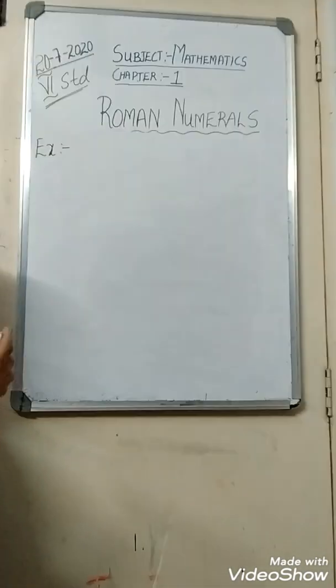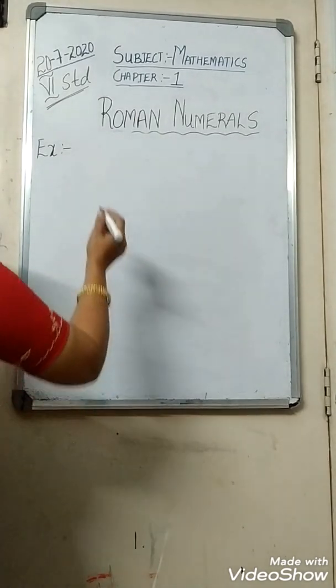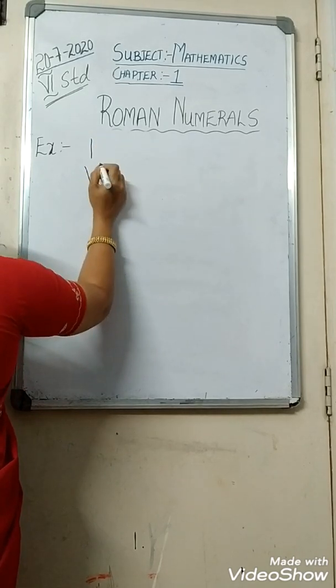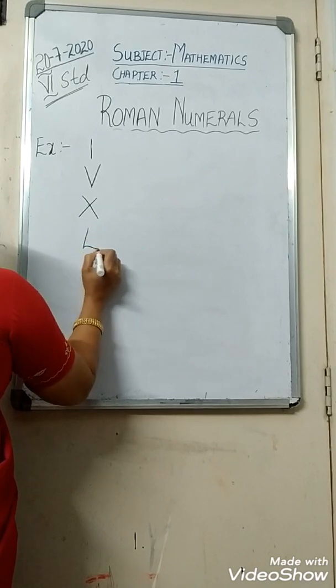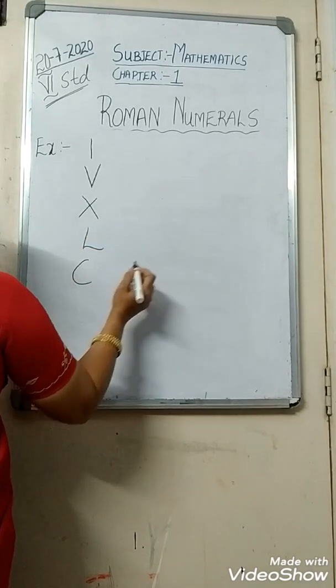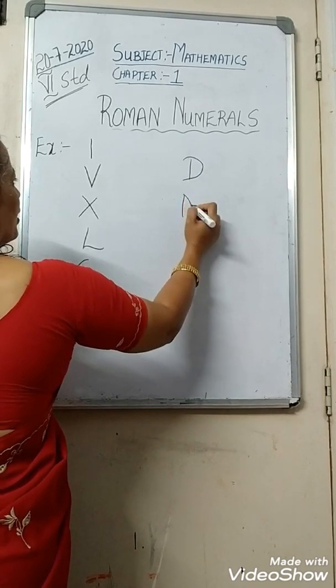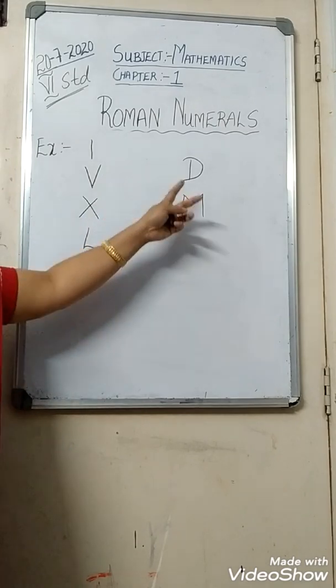Let us repeat what we have learned in this class. We have learned the symbols I, V, X, L, C, D and M. These are the 7 symbols you have learned.